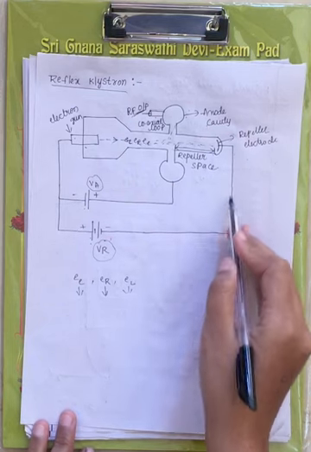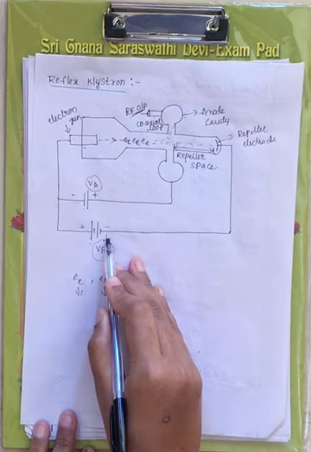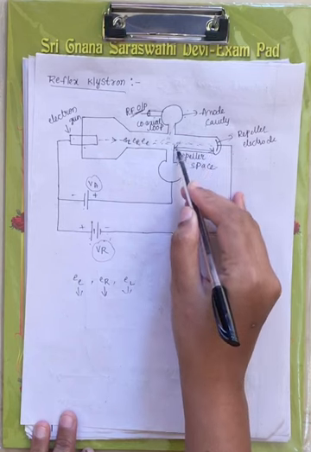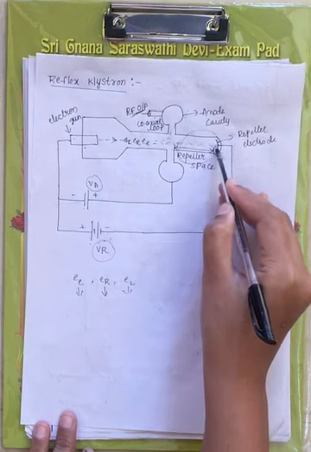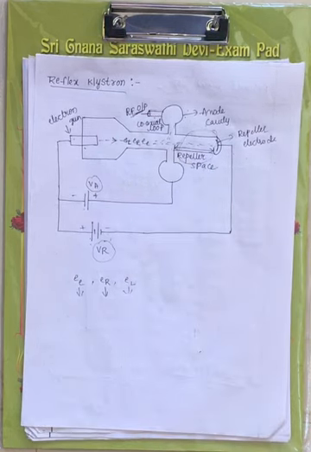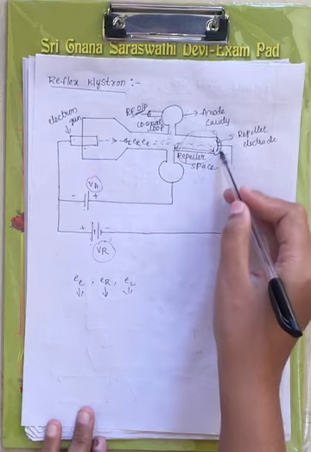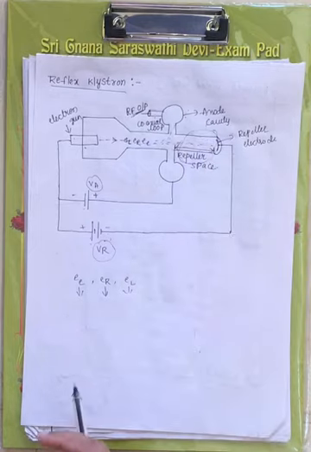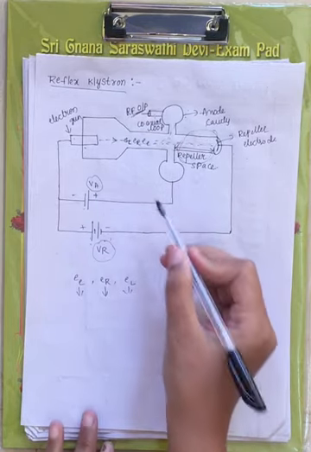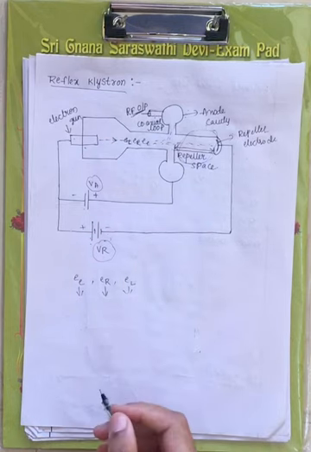The Rippler electrode is connected to the negative terminal of the battery. The electrons traveling in the Rippler space will experience a repulsive force. Because of that repulsive force, the velocity decreases.